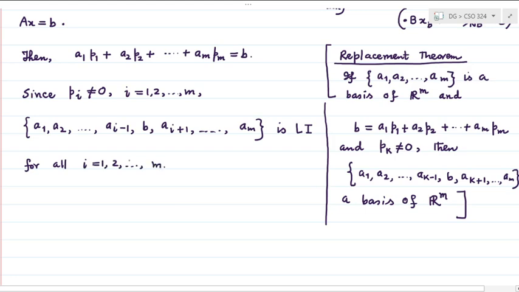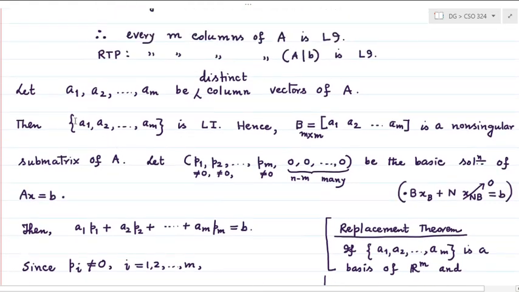Therefore what you have proven is that for your chosen m column vectors, which were arbitrarily chosen and form a linearly independent set, you can replace any vector, let's suppose the ith vector, by b, and the m vectors consisting of b and the rest, with ai deleted, are linearly independent.